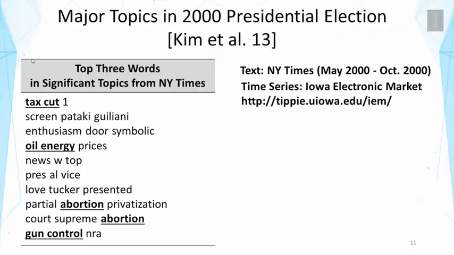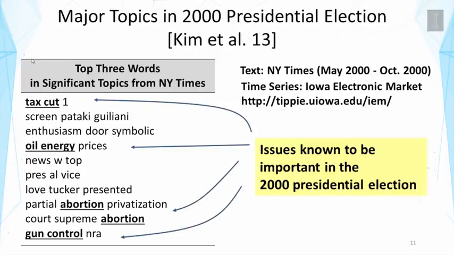Now here I should mention that the text data has been filtered by using only the articles that mention these candidate names. So it's a subset of these news articles, very different from the previous experiment. But the results here clearly show that the approach can uncover some important issues in that presidential election.